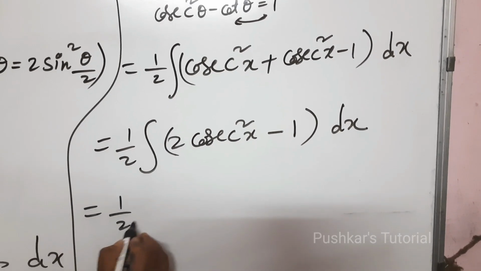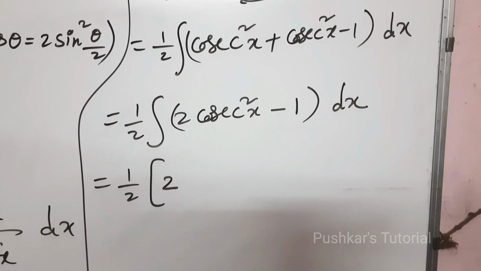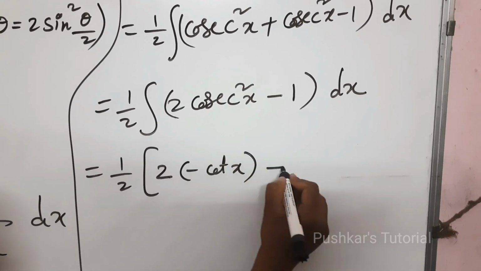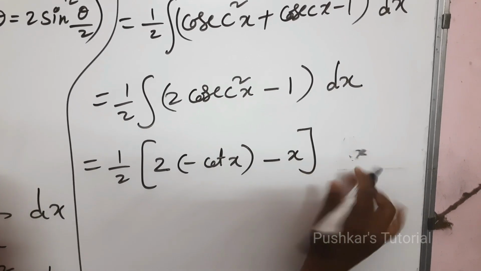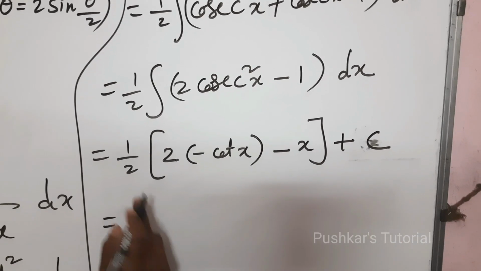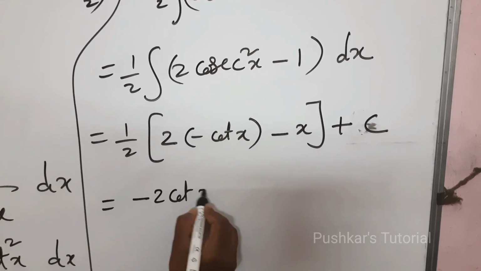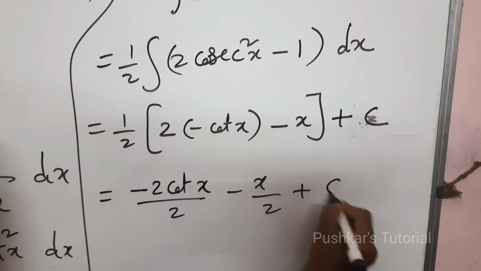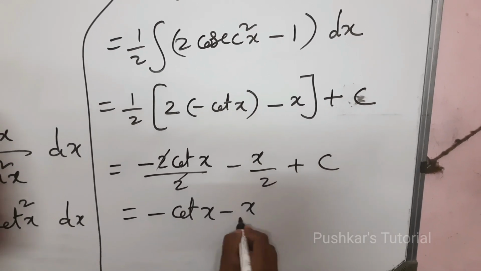So 1 by 2 as it is, 2 as it is, cosecant square integration is minus cot x, and the integration of 1 is x, plus c. So for the answer, we can multiply with the 2: minus 2 cot x and division by 2, minus x by 2 plus c. 2 gets cancelled: minus cot x minus x by 2 plus c.